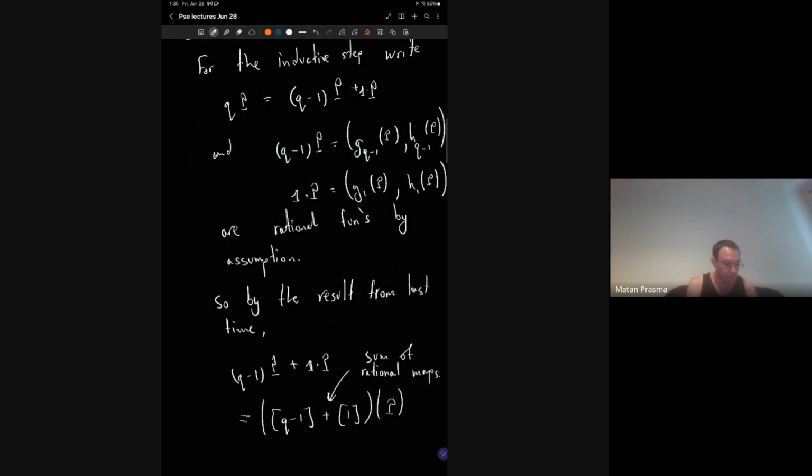And this is, of course, qP. But this is a rational map because it is given by G_{q-1}, H_{q-1}, which we assume to be rational functions.